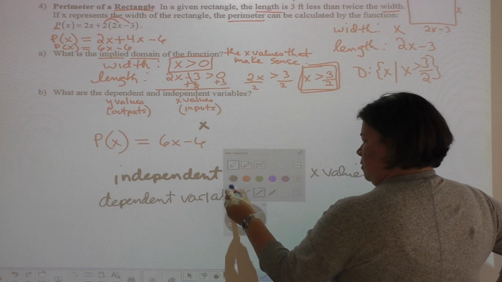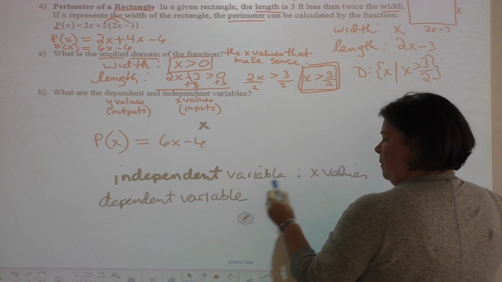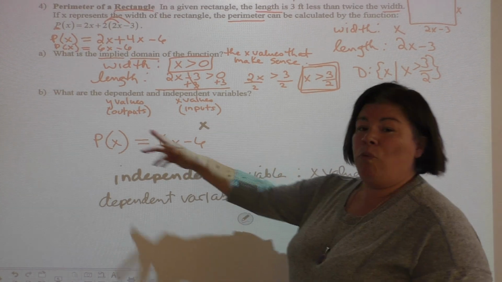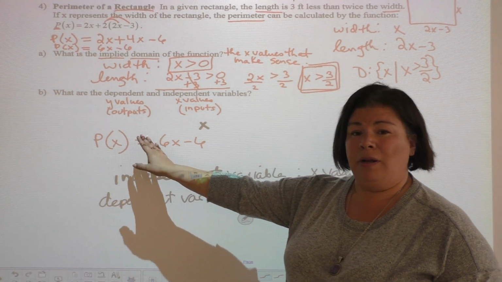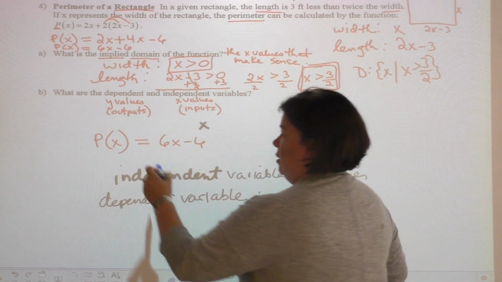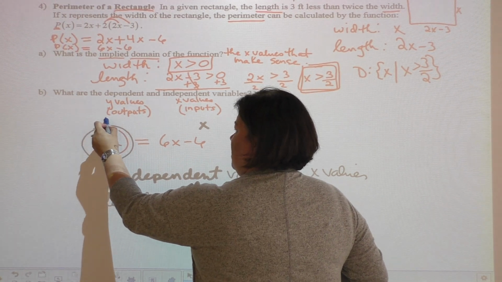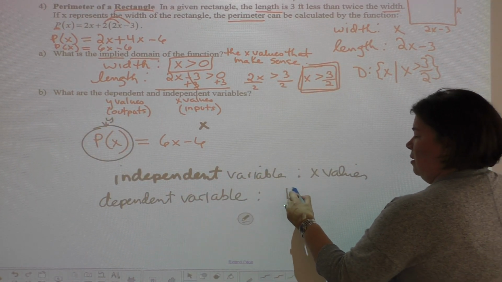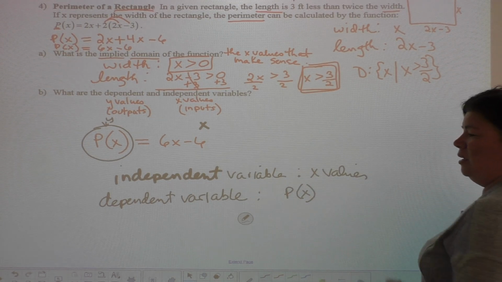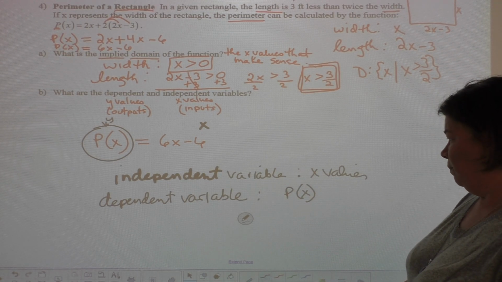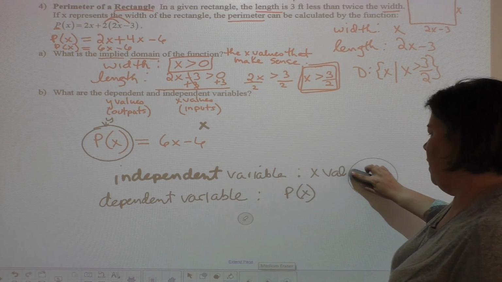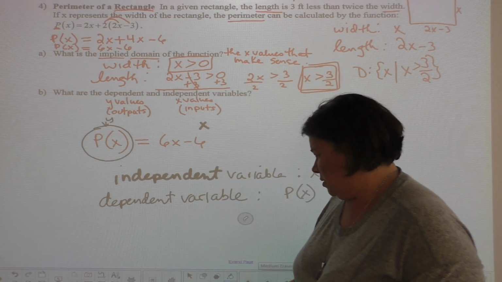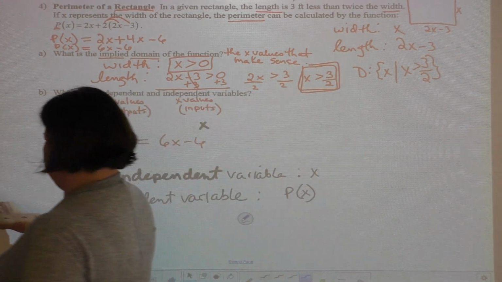Okay? Is our y value. But remember, in function notation, p of x is equivalent to y. So that means p of x is our dependent variable. All right? Where our independent is just our x, our input.